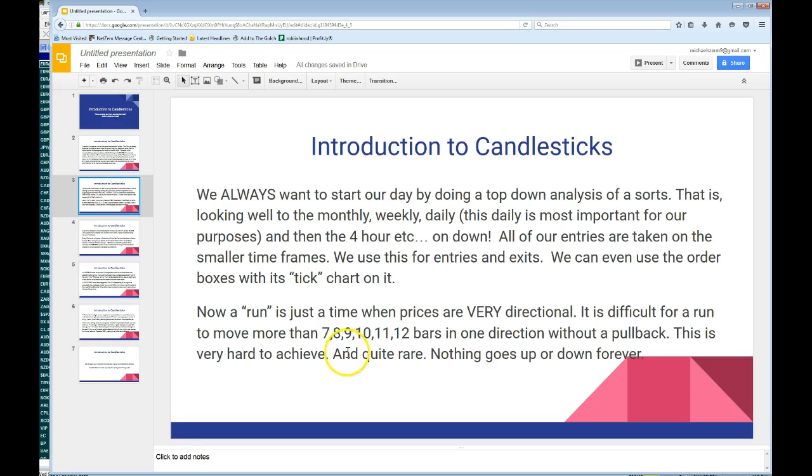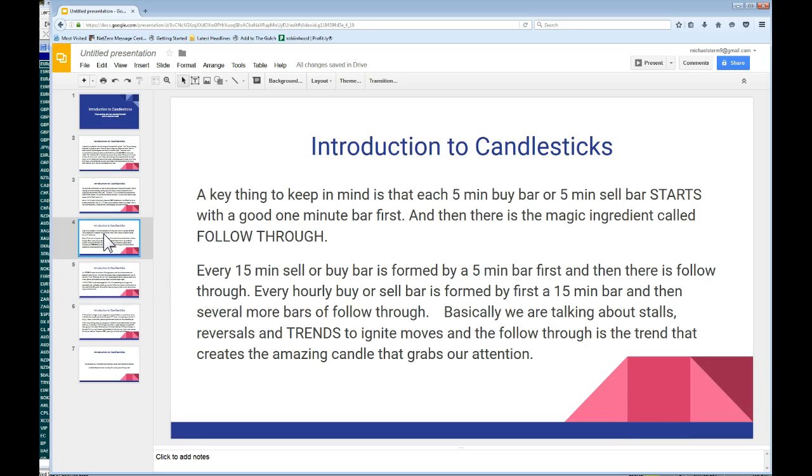Nothing goes straight up or straight down forever because somebody's always willing to step in and take the other side. A key thing to keep in mind is that each 5-minute buy bar or 5-minute sell bar has to start first with a very good-looking 1-minute bar. It'll usually be wide range, bigger than all the ones that came before it, and it will very often close right at the top, glowing green, or let's say glowing red.